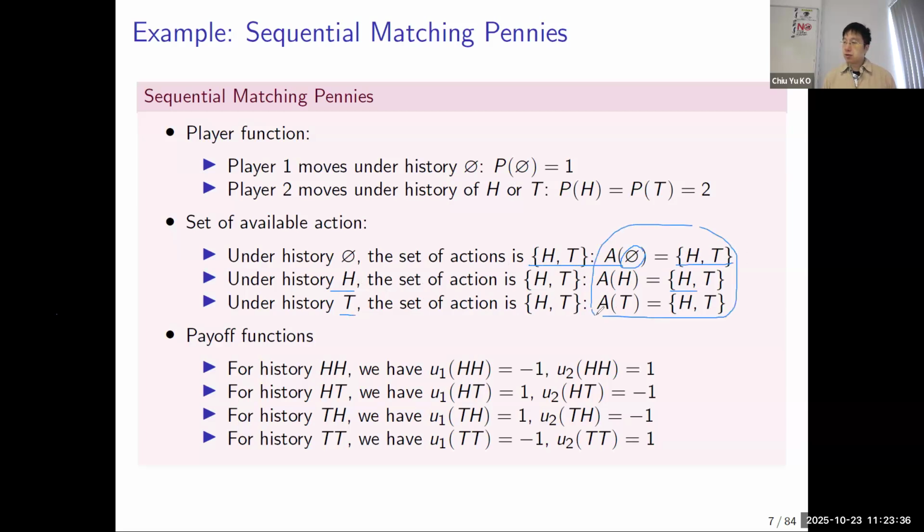So these are all the available actions. And the payoff function is just the payoff, which is very simple because player 1 wants to be different to win $1. If the same, he loses $1. So this is the outcome. Okay. So it looks very complicated, right? But everything, as we say, can be summarized by a tree diagram like this.